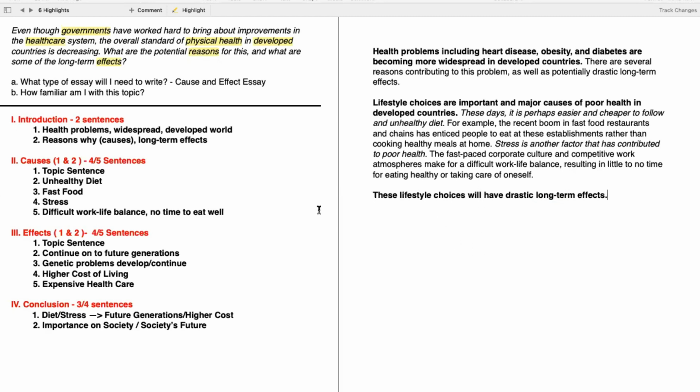And now we're talking about continuing on to future generations. So I'll put this in italics. I'm going to say if generations continue to partake in these unhealthy habits, they will continue on for generations to come. And this is sort of my long-term effects.